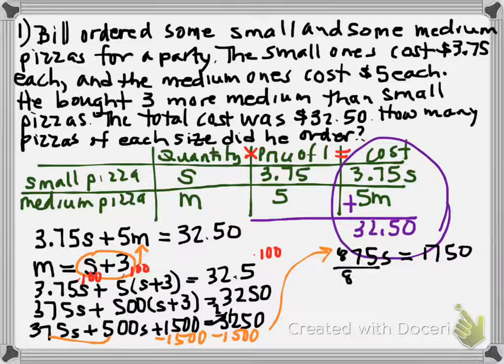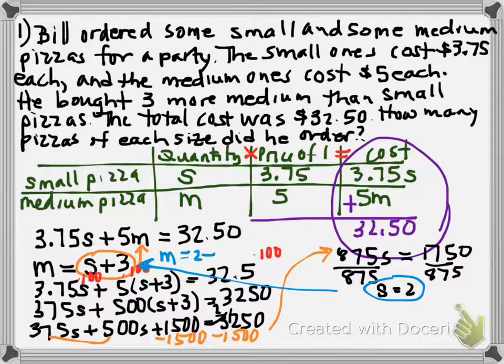I divide both sides by 875. And I get S equals 2. Okay? That's how many small pizzas that he ordered. To figure out how many medium, I'm going to plug that value into the easier of the two equations. And I get M equals 2 plus 3, which equals 5.